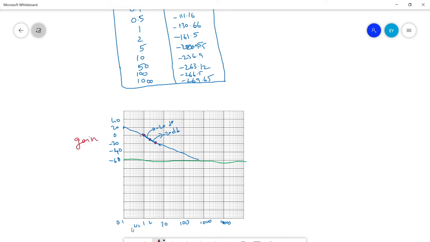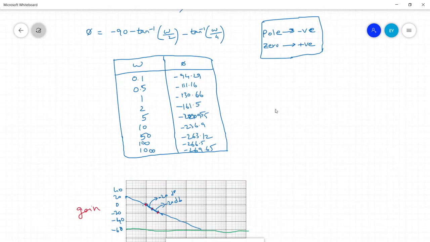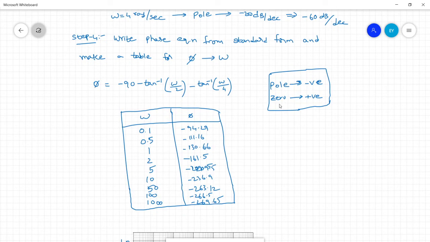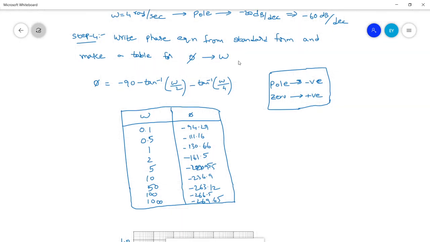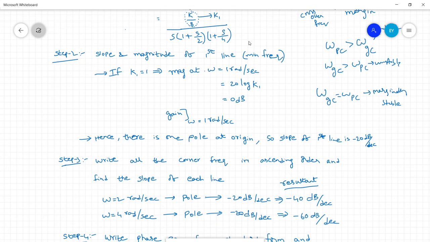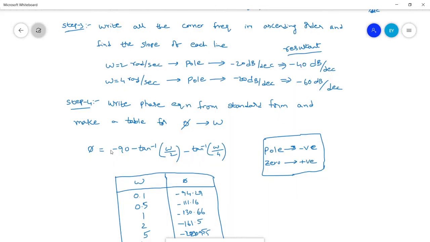Gain plot, and now we'll see how the phase plot looks. Okay, how to calculate the phase plot. So from the standard form, we need to compute based on the poles. The standard equation was given as phase is equal to minus 90, because there is one pole, right?